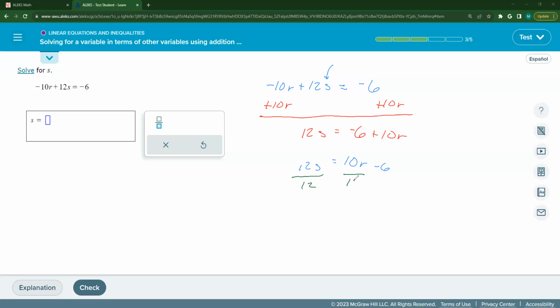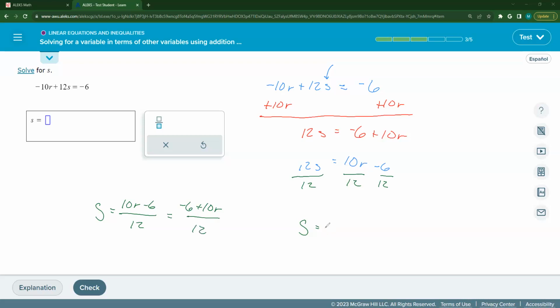Divide everything by 12. And then I'm actually going to reduce my fractions. I don't need to. I could say s equals 10r minus 6 over 12. I could say negative 6 plus 10r over 12.